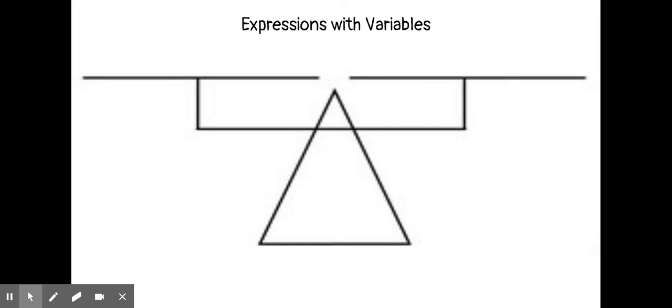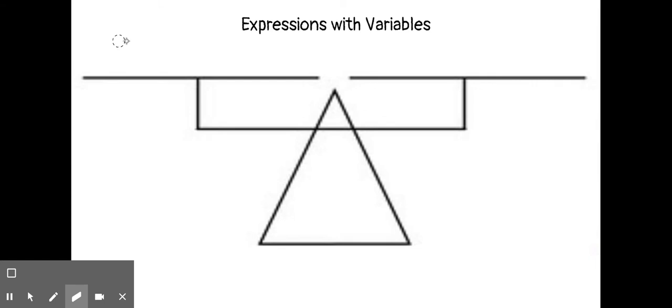Oftentimes, you'll see people use the letter X as the unknown, and that's fine. But today you're going to see me use a variety of letters, because you can actually use any letter. And later on in the word problems, those letters are going to represent something.